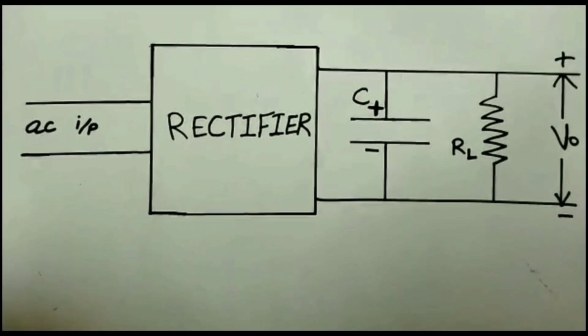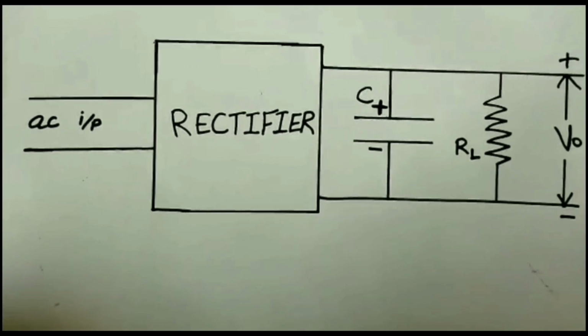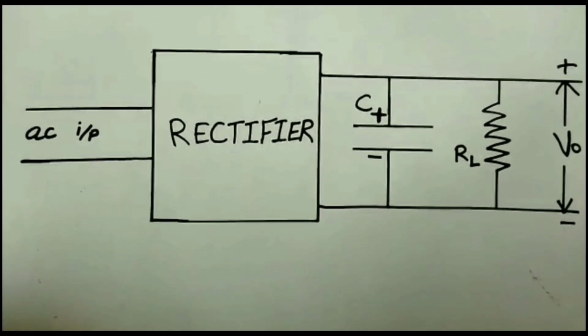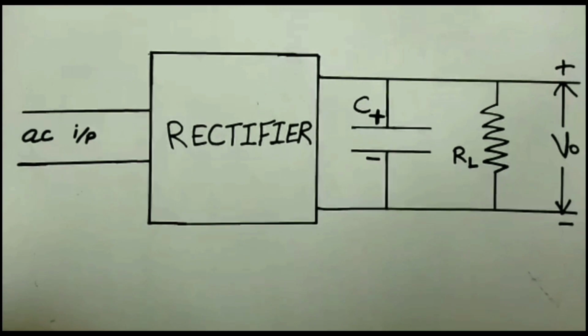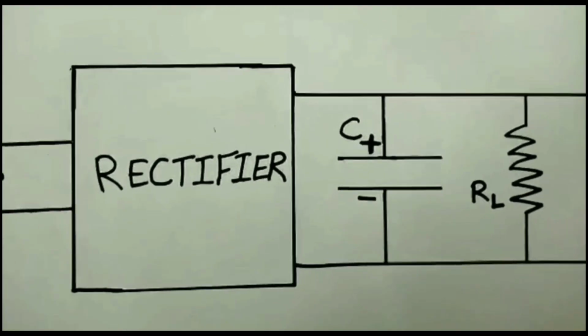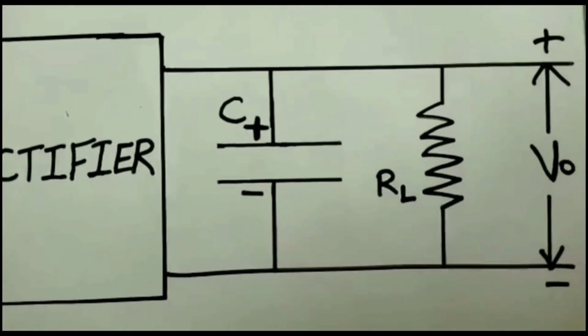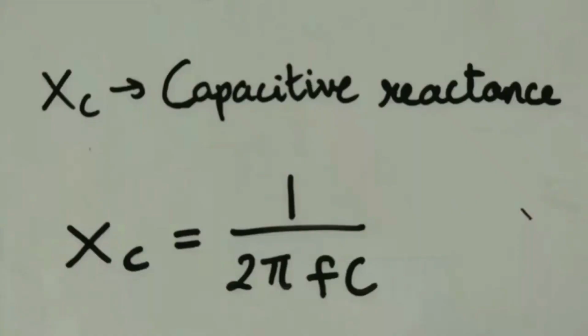The capacitor input filter is an inexpensive filter used for light loads. It is directly connected across the load. Capacitive reactance is given by Xc, which is equal to 1 upon 2 pi Fc.